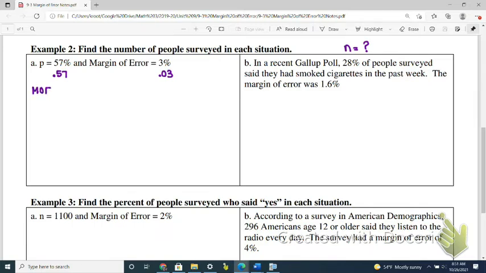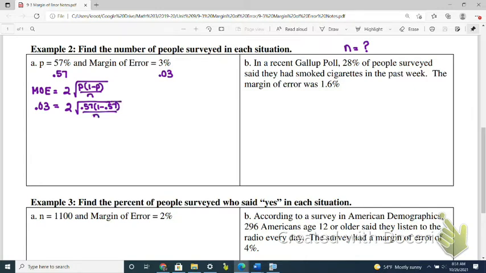Margin of error equals 2 times the square root of P times 1 minus P all over N. So I know my margin of error is 0.03 equals 2 times the square root of 0.57 times 1 minus 0.57 all over N.